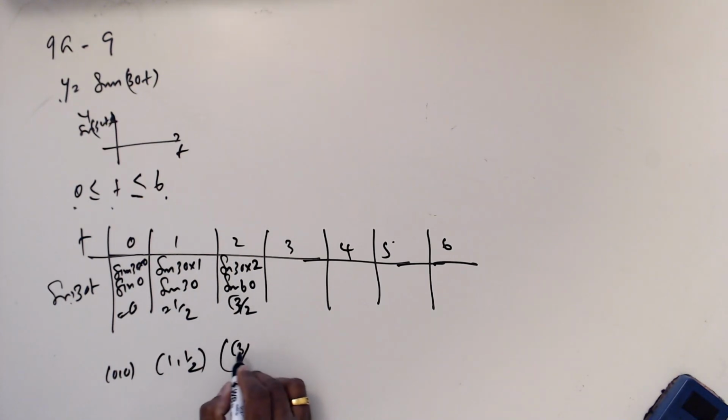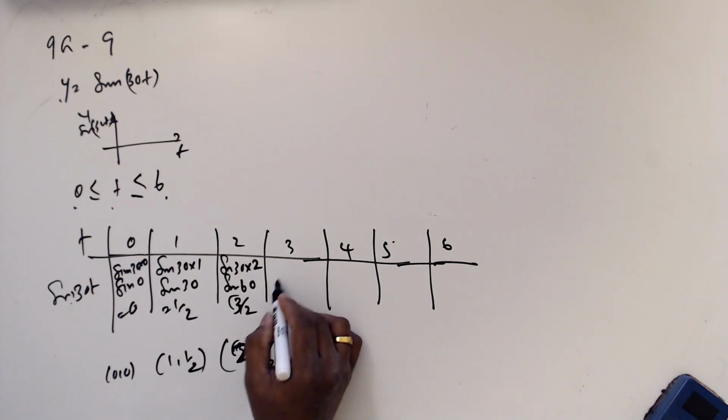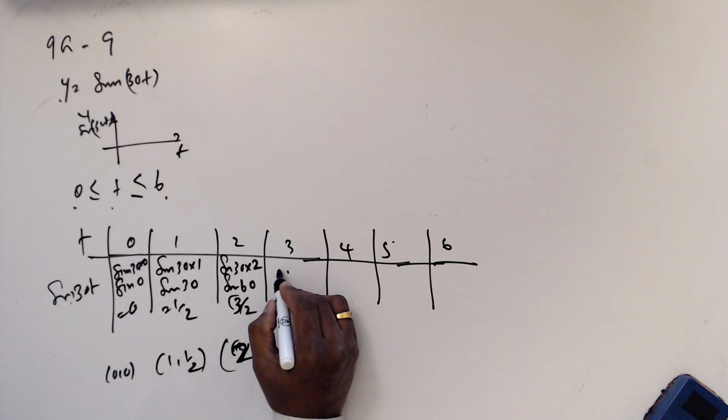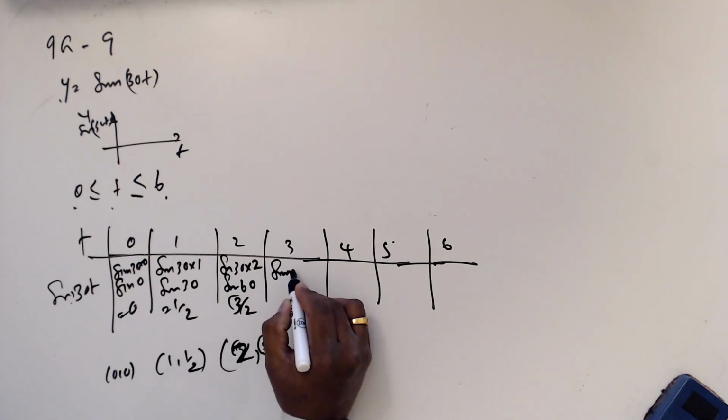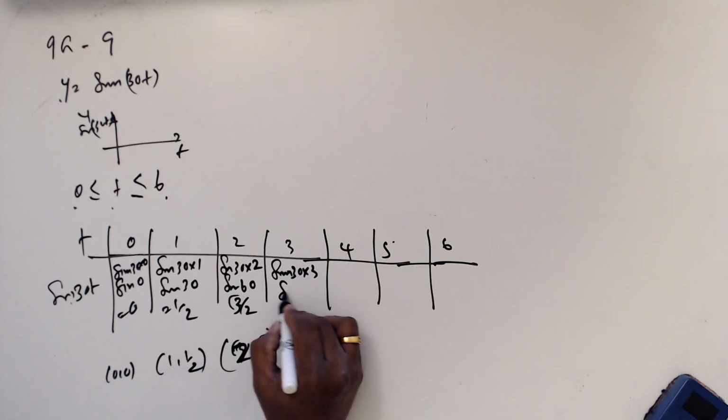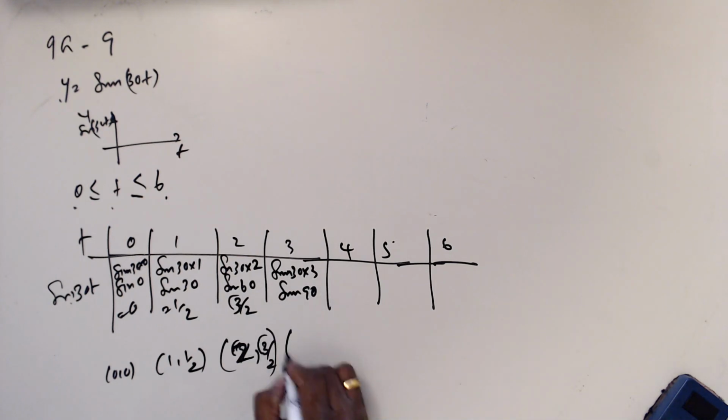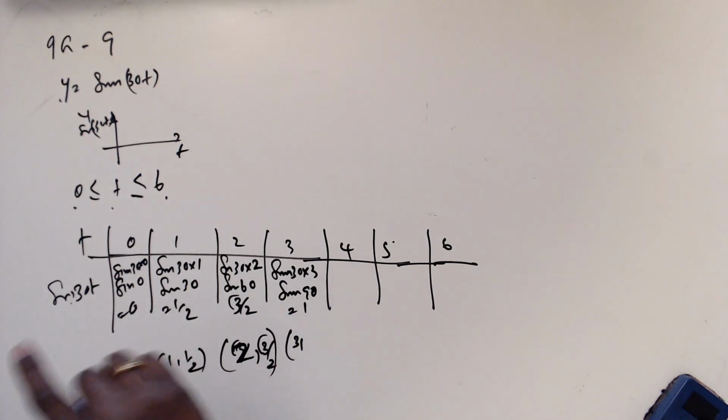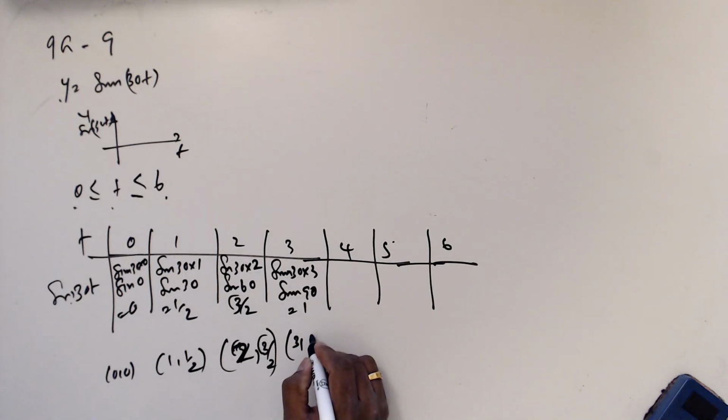So (2, square root 3 over 2). Now sin of 30 times 3 is sin 90. We know sin 90 is 1, so when t equals 3, we get the maximum. The sine curve varies between minus 1 and 1.